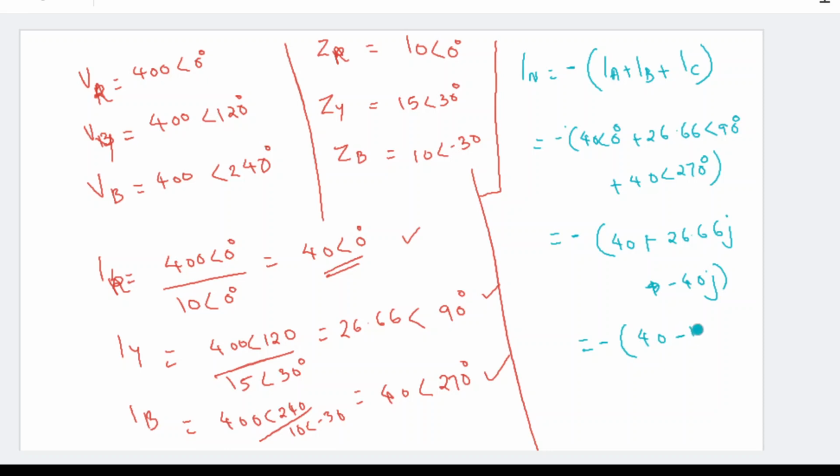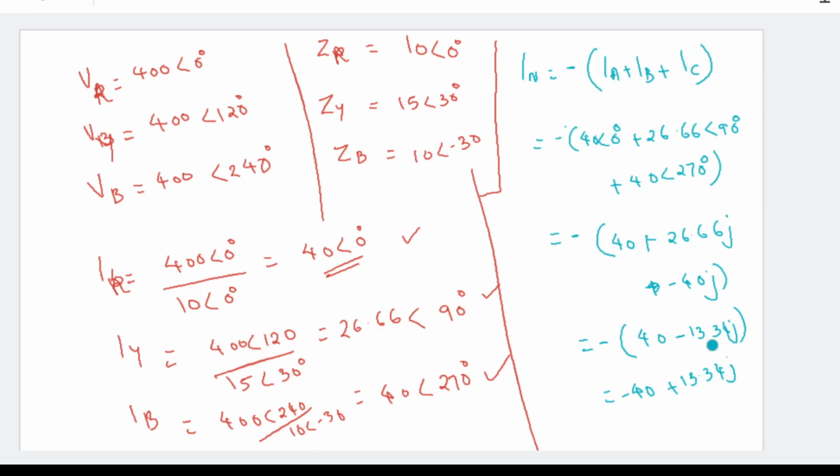So minus 40 plus 13.34j, or we can write it as minus 40 plus j13.34.